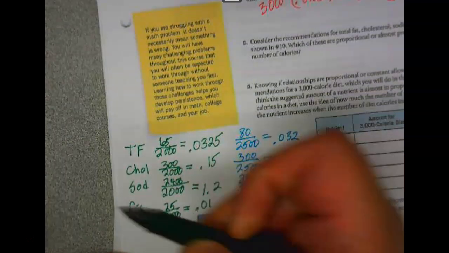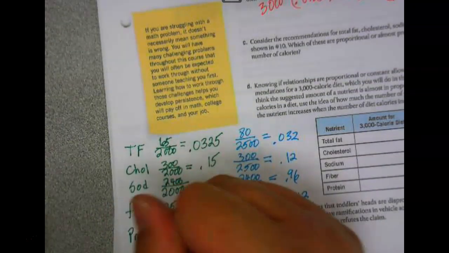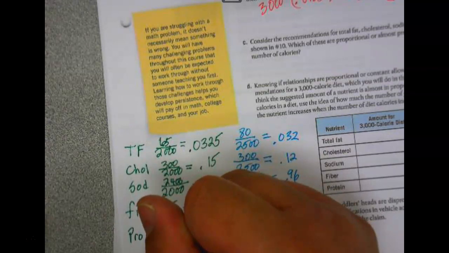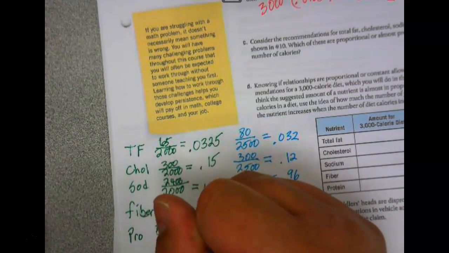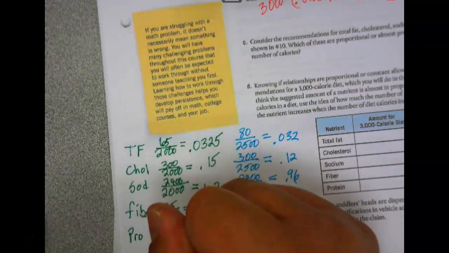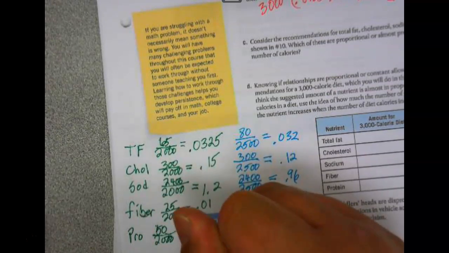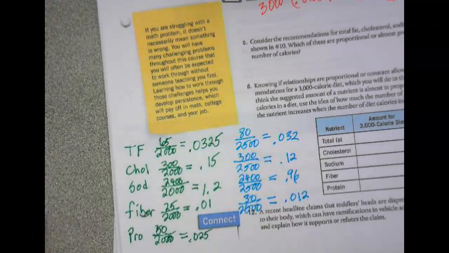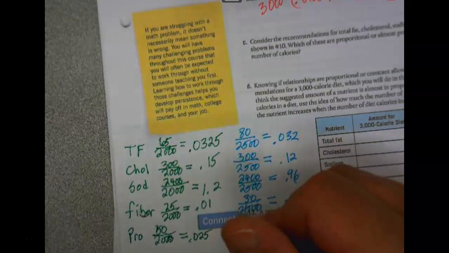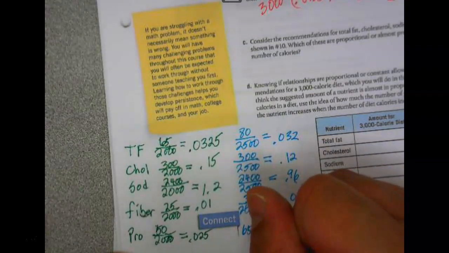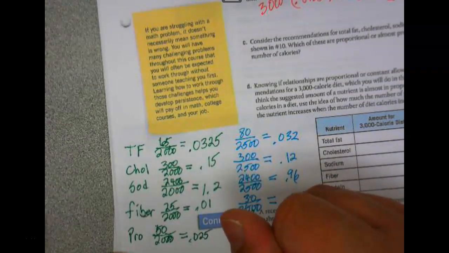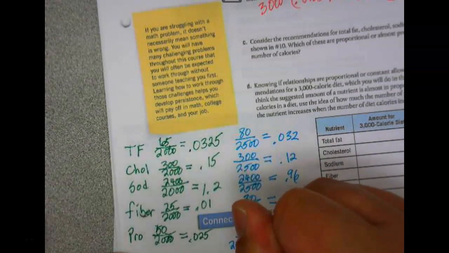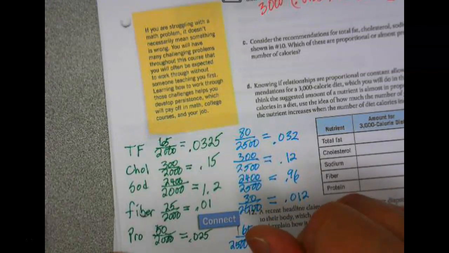And the last one, protein, let's see, it was 50 grams over 2,000. It gives me 0.025. And for the 2,500, 65 grams over 2,500 for 0.026.